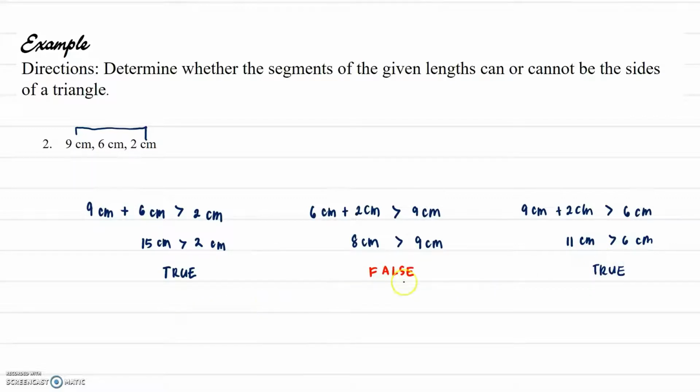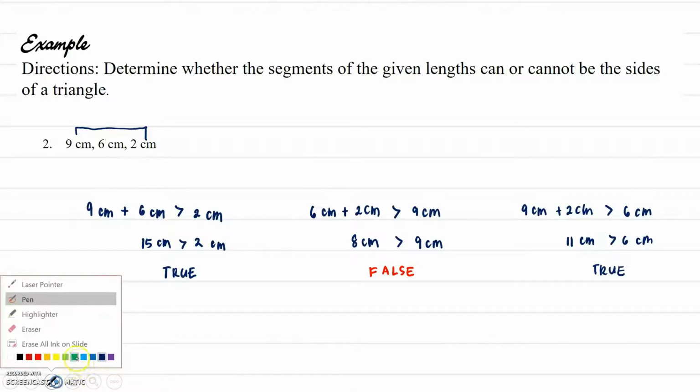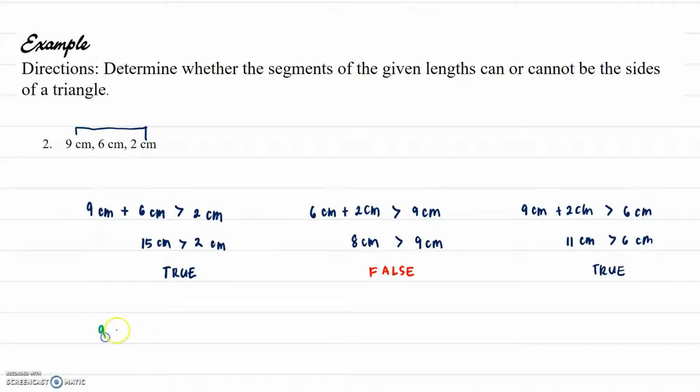But we can see here that one of our statements is false, and this is 8 centimeters is less than 9 centimeters. So we'll say as a conclusion that 9 centimeters, 6 centimeters, and 2 centimeters cannot be sides of a triangle.